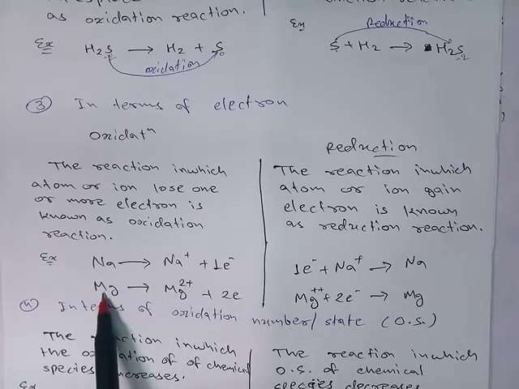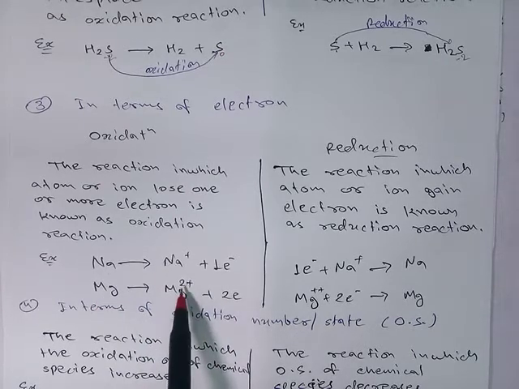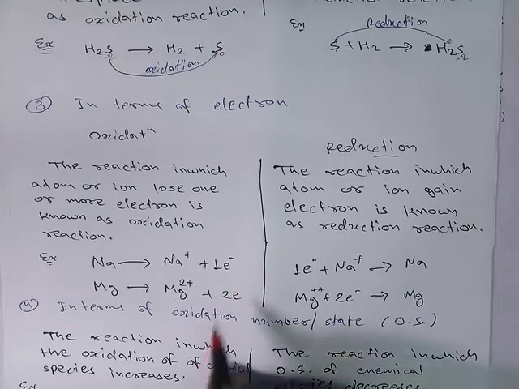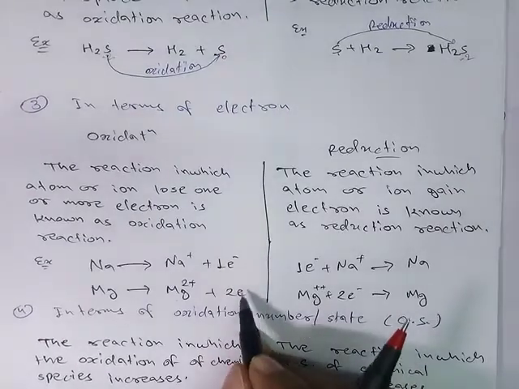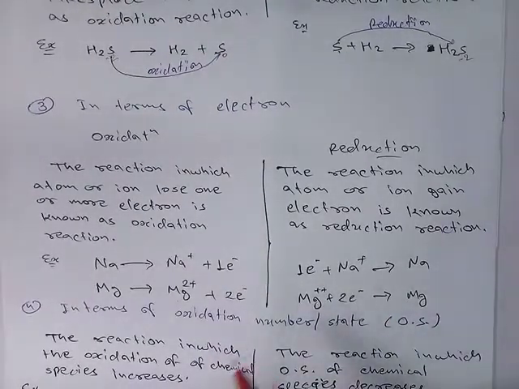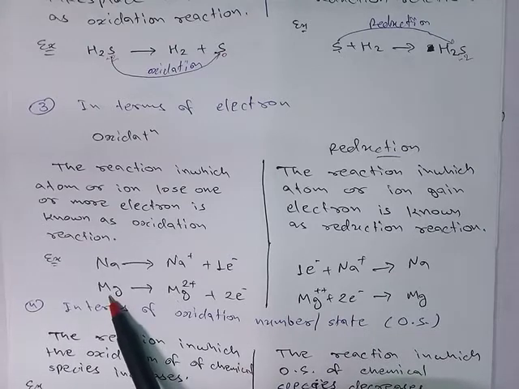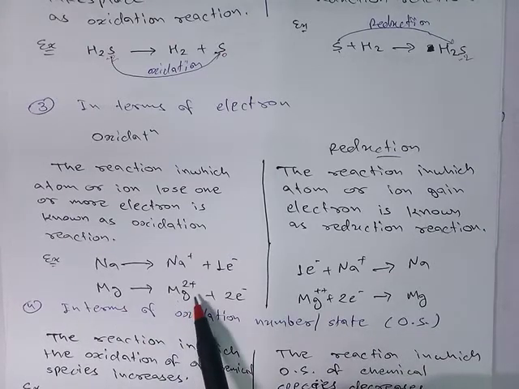Same here, magnesium is converted into magnesium 2 plus ion by the removal of 2 electrons. So here the oxidation number of magnesium is 0, but in the product the oxidation number of magnesium is plus 2.